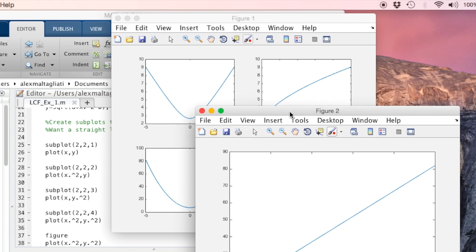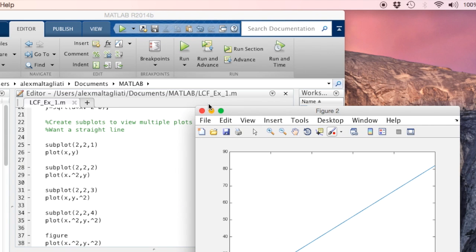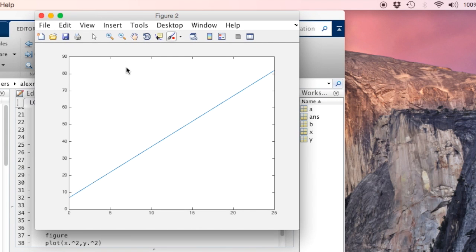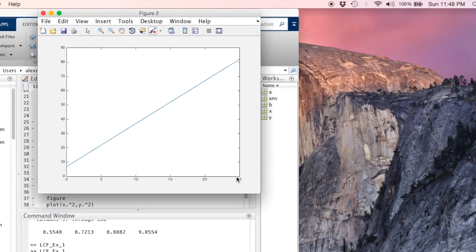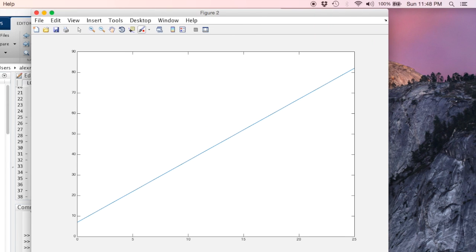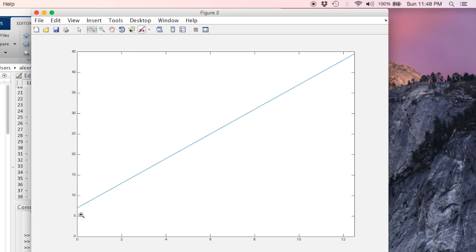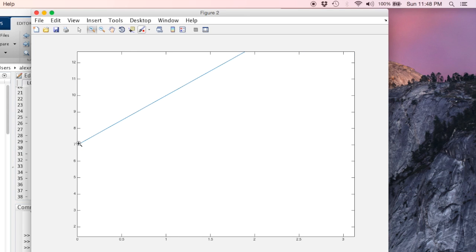Okay, so we have our two figures. We can delete our previous one. And we want to just look at this figure and enlarge it. Okay, so first we want to verify the Y-intercept is what it's supposed to be. So take the zoom in, the plus magnifying glass, and zoom in as far as you can for x equals 0 to find the Y-intercept.